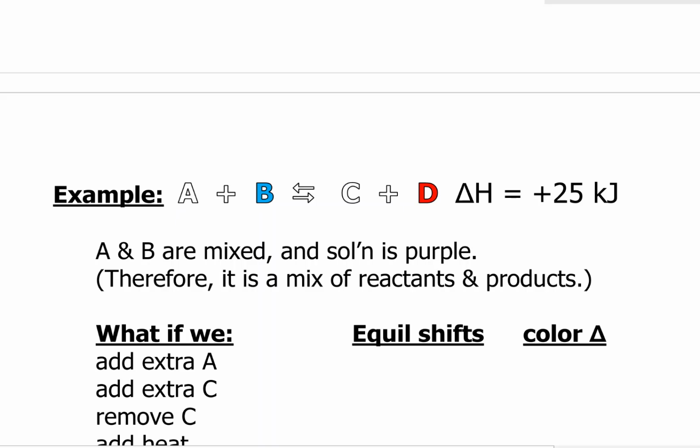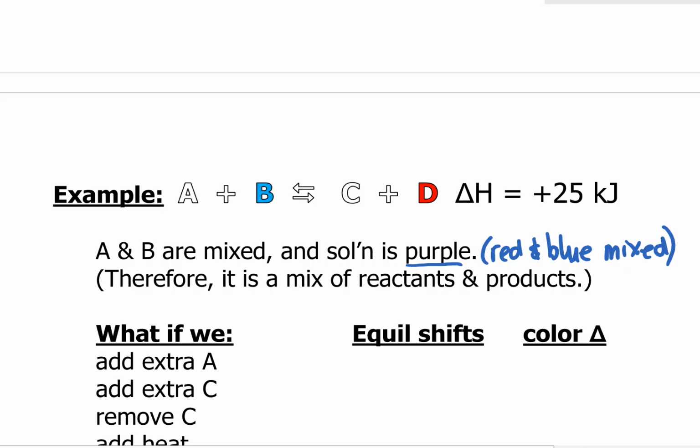And so on this one, it says when A and B are mixed, so we mix these reactants, the solution is purple. And if you don't know, purple is when you combine red and blue. Okay, so we mix red and blue dyes, we get purple.